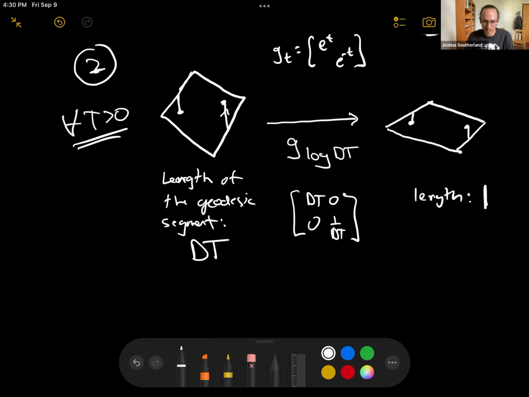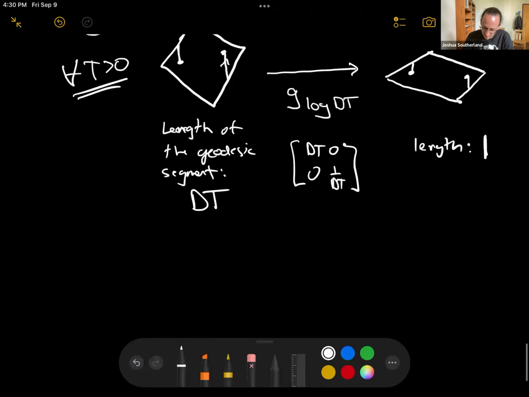And it turns out that I could put an epsilon here for the length. It doesn't really change anything. I just need some amount of length over here after I apply the geodesic flow. So I flow out by log dt. Okay.